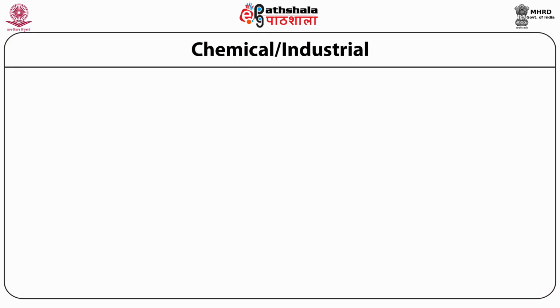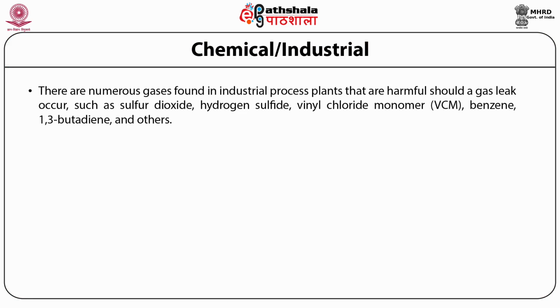Chemical, industrial. There are numerous gases found in industrial process plants that are harmful should a gas leak occur, such as sulfur dioxide, hydrogen sulfide, vinyl chloride monomer, benzene, 1,3-butadiene, and others.